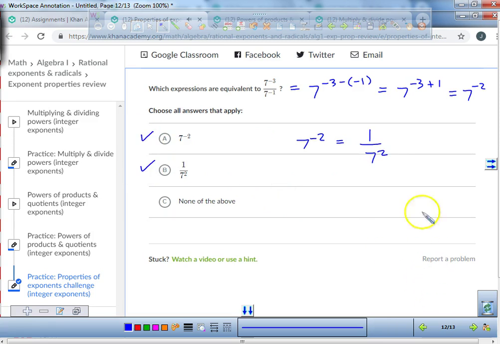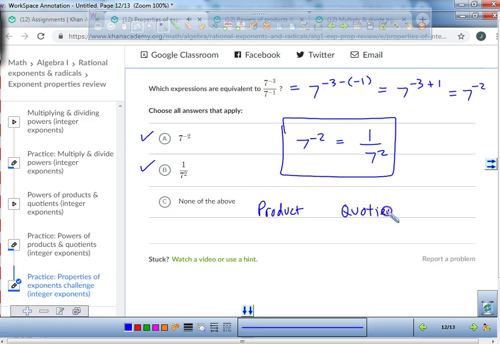So what you have to really know to do these problems, you have to know these types of rules. You have to know three of them. You have to know the product property. You have to know the quotient property. And you have to know the power property. And I'll do them one more time. A to the power of m times A to the power of n is A to the power of m plus n.